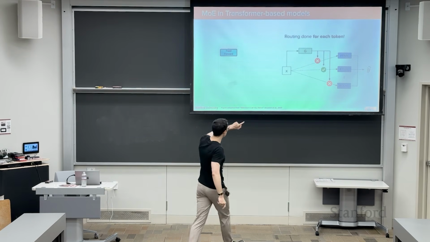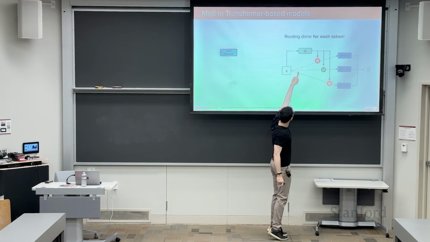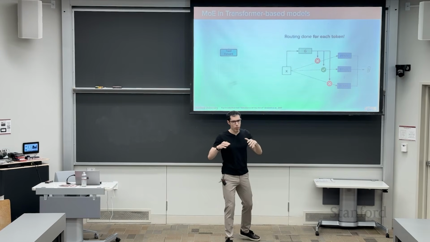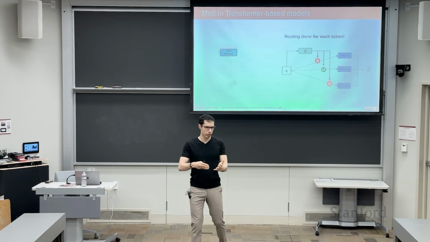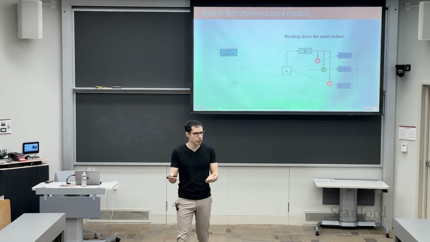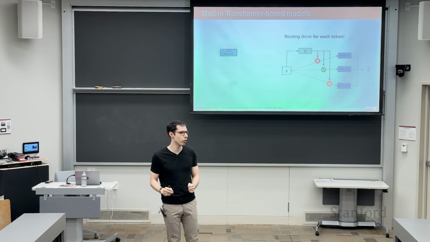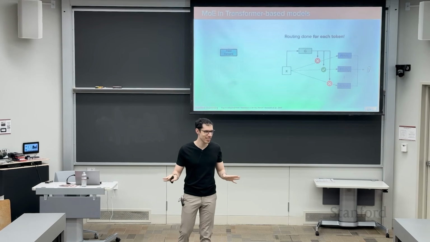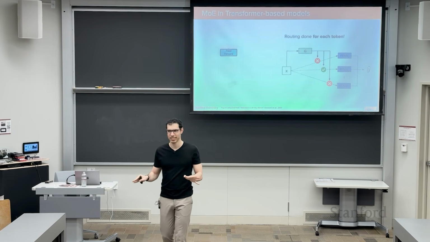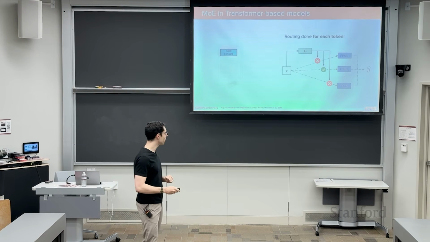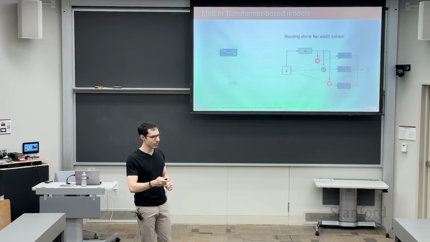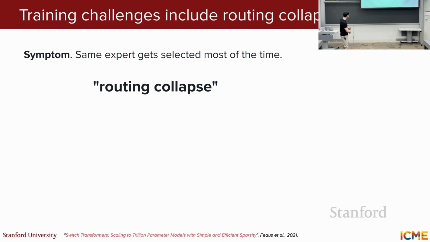So the router here would take the representation of the token as input and figure out which expert should be best for this token to flow towards. Does this idea make sense? I have a little illustration later on that hopefully will help.